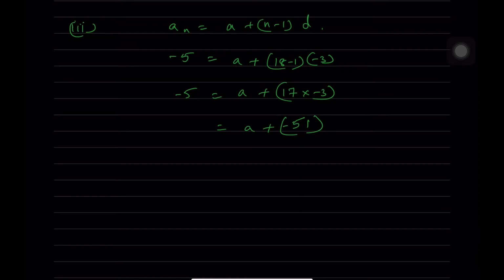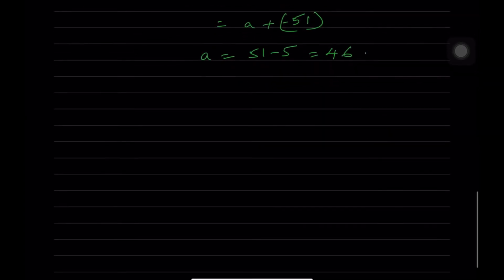So if you take it to the other side, it becomes A is equal to plus 51 minus 5, which is equal to 46. So A is equal to 46 in this case.